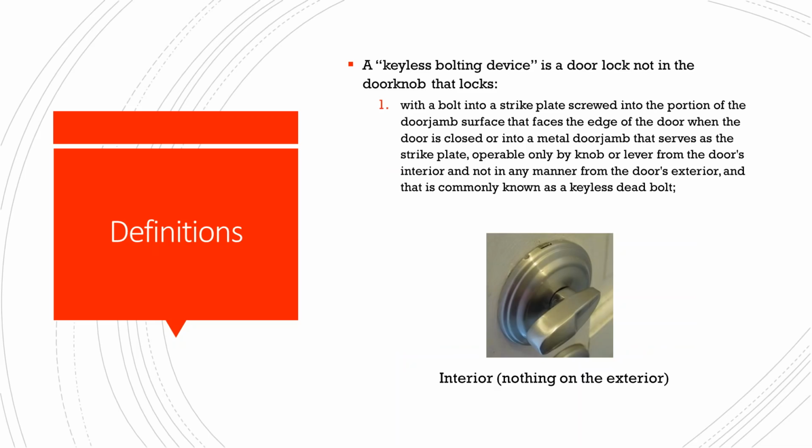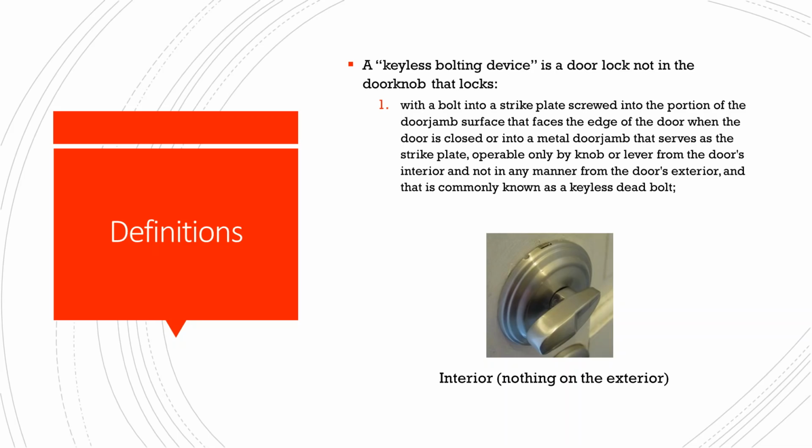Next, a keyless bolting device. Now, actually, there are 3 options under the keyless bolting device definition. The first one that I'm going to talk about is probably what is most frequently used and probably the easier to find. But there are 3 options, so it's good to be aware of what they are.